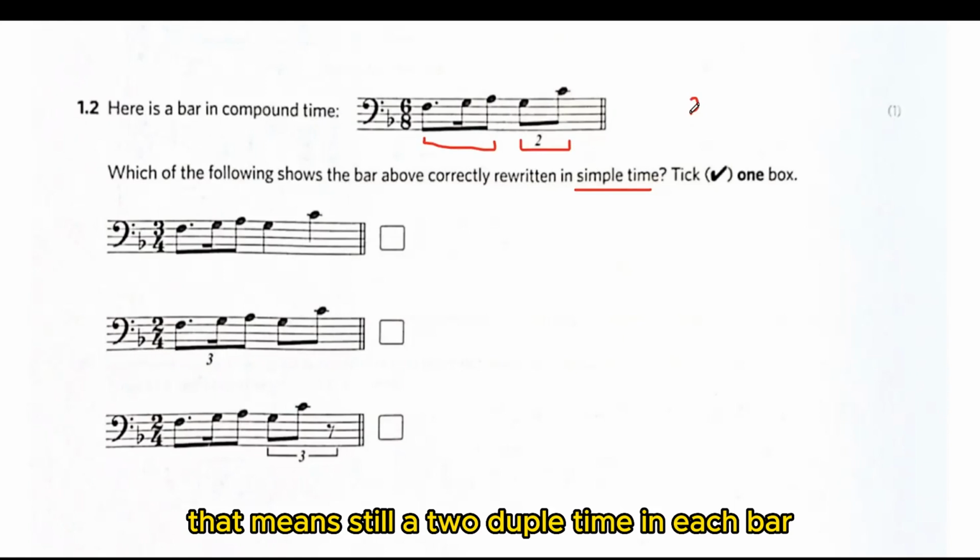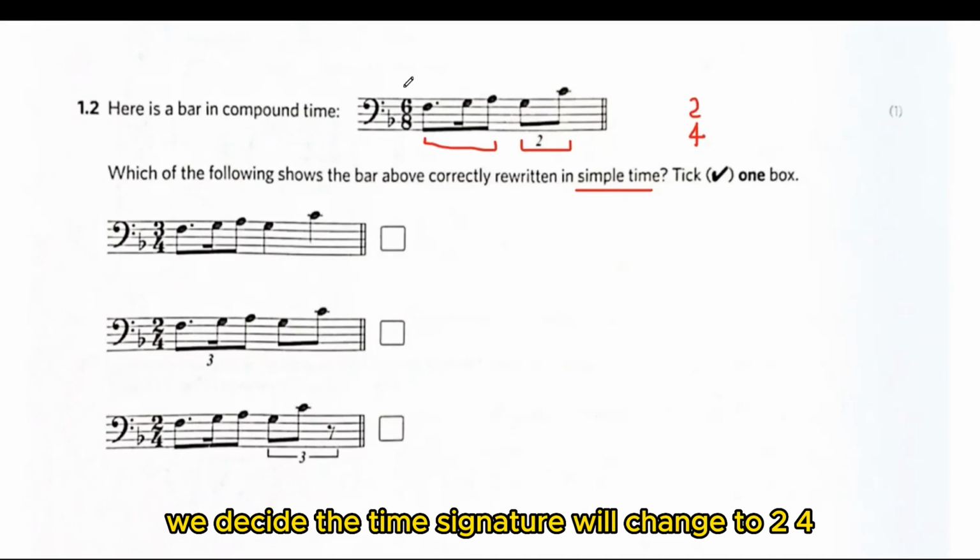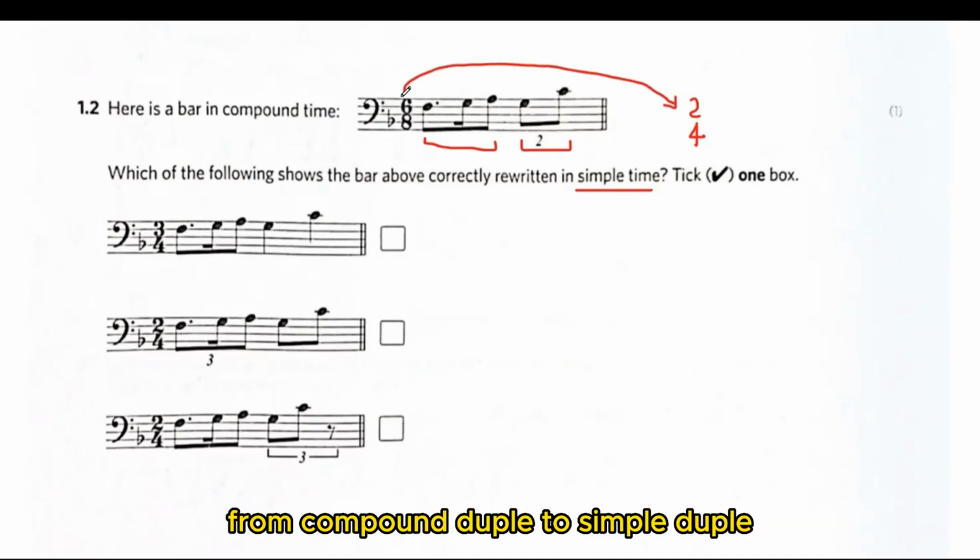That means still a duple time in each bar. And now each beat is a crotchet. So firstly, we decide the time signature will change to 2/4 from compound duple to simple duple.